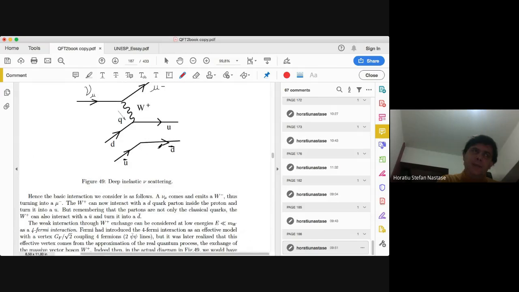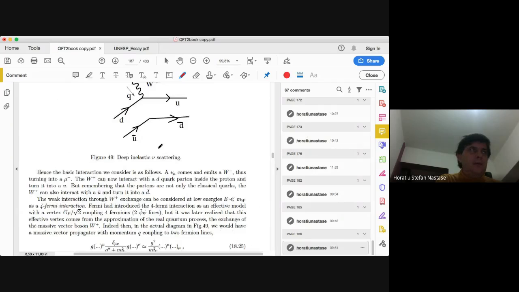But the W plus particle has a very high energy, a very high mass. What is the mass? Well, I'm ashamed to not remember exactly, but I think it's of the order of 100 or 200 GeV.